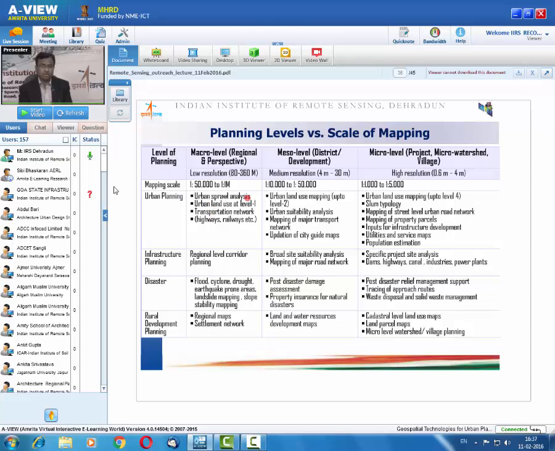For example, urban sprawl, urban land use at level 1, or infrastructure planning at broad level.